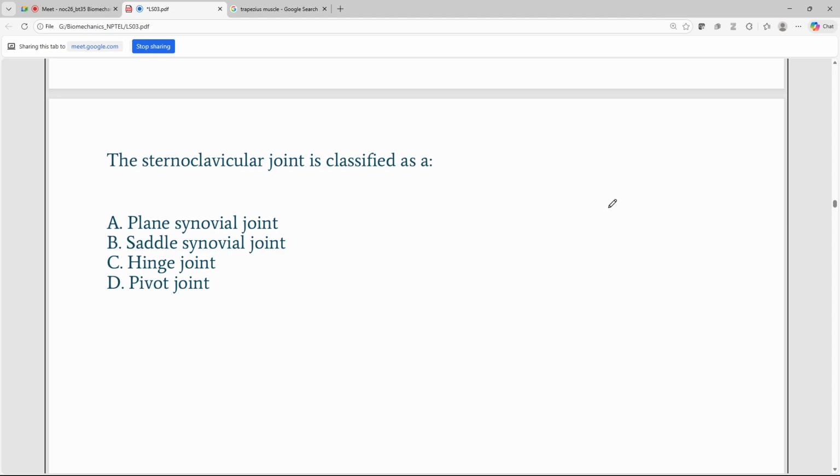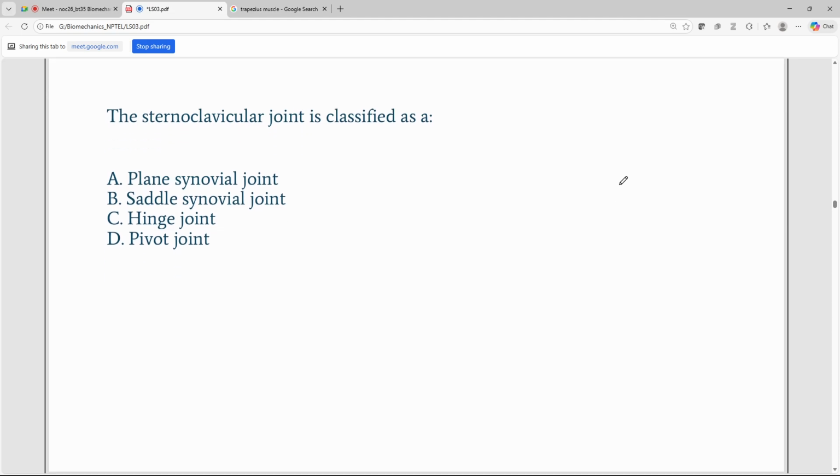Next question. The sternoclavicular joint is classified as which type of synovial joint? Is it a plain synovial joint, a saddle synovial joint, a hinge joint or a pivot joint? We have discussed what kind of joint the sternoclavicular joint is.